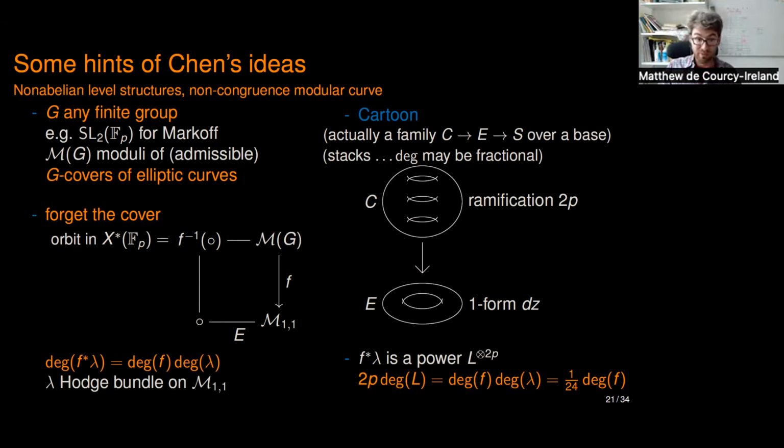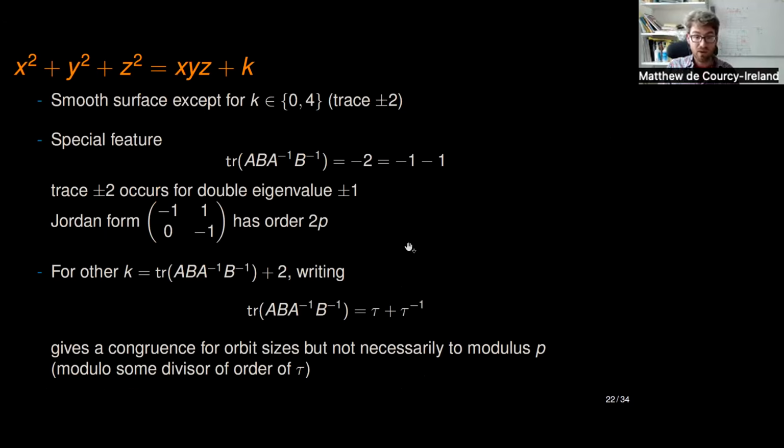I encourage you to read Chen's paper for the actual version. So he gets something for any finite group, and taking SL2 of a finite field, he gets something for any Markov surface plus k, like Markov polynomial equal to k, not just k equal to 0. But it's not necessarily a congruence to modulus p.